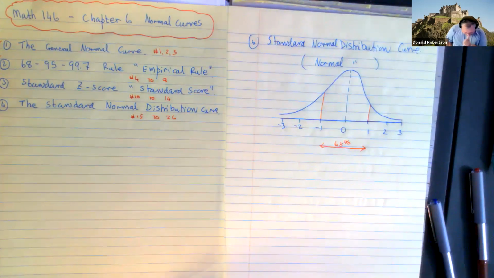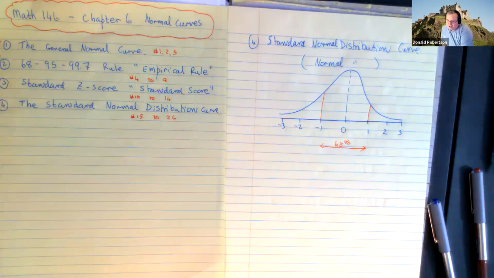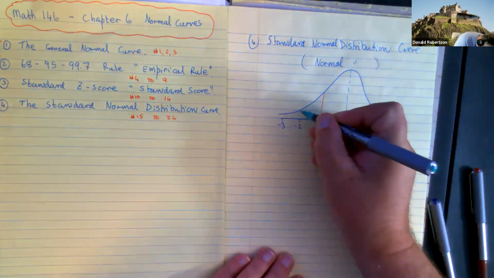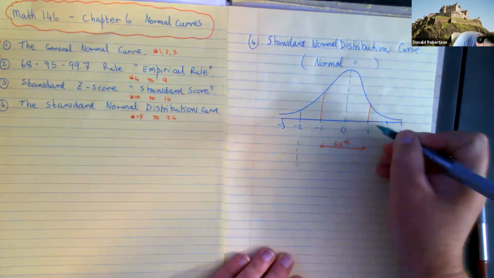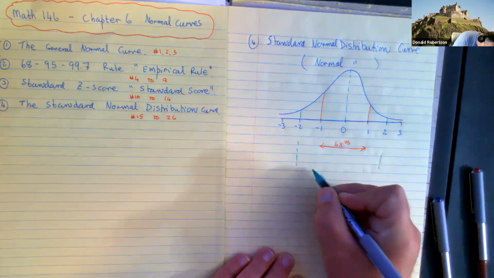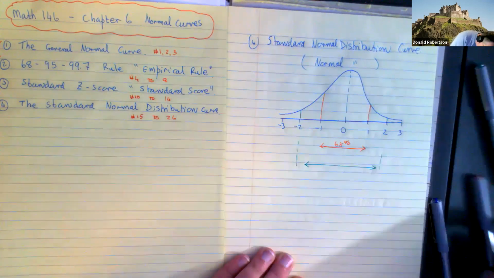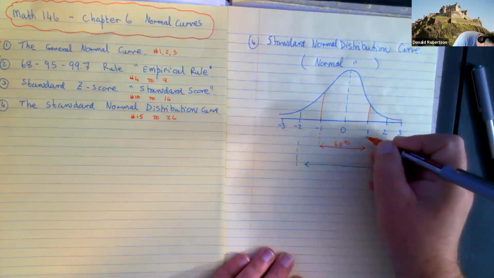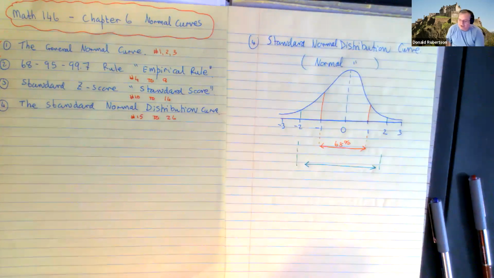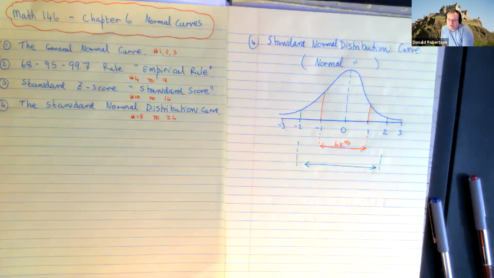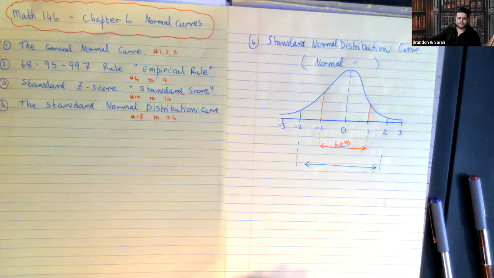For instance, 68% of all people will have a Z-score between -1 and 1, one standard deviation either side of the mean. What percentage of people will have a z-score between -2 and 2? 95.